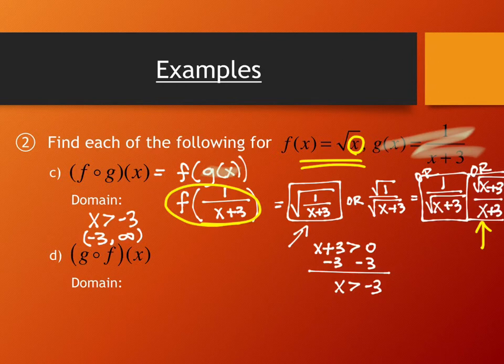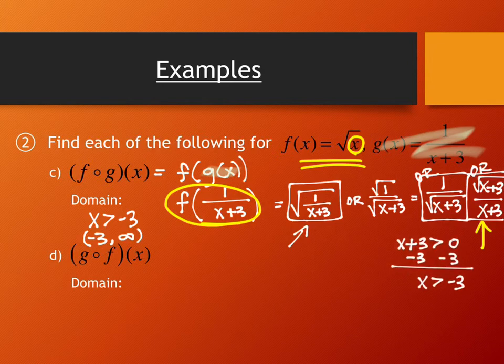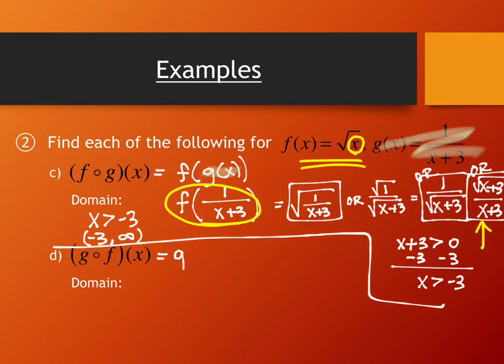Okay, so we're going to do it in the other order now. We're going to put the f inside of g. So I'm going to shift this over, and then we should be okay. On part D, we're going to take the g on the outside, and we're going to put f on the inside, because that's what it says to do. So inside here, f of x is the square root of x.